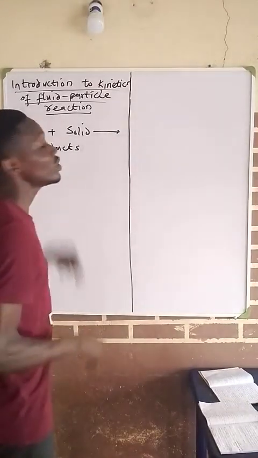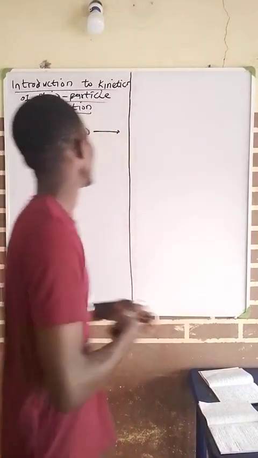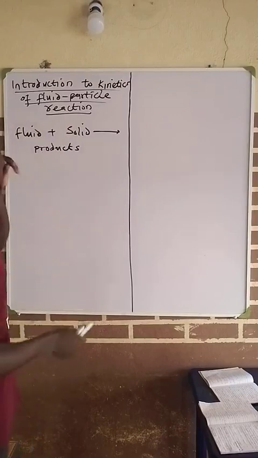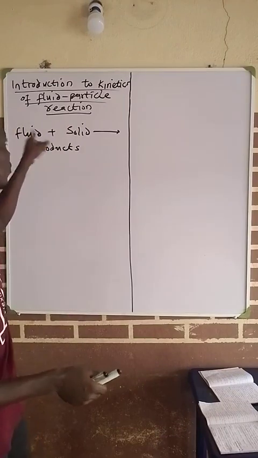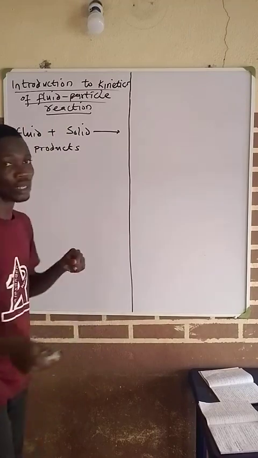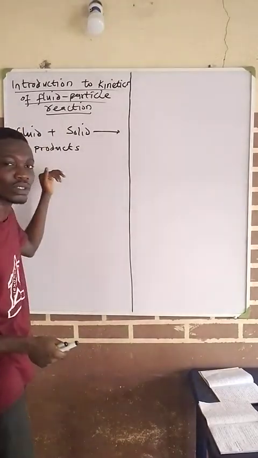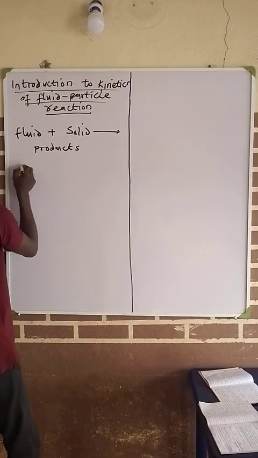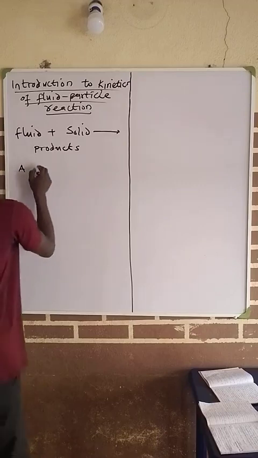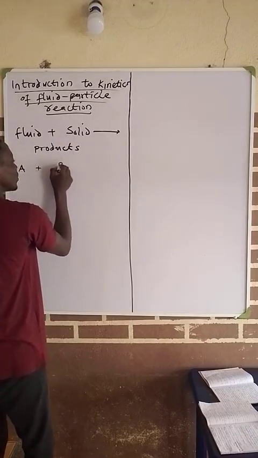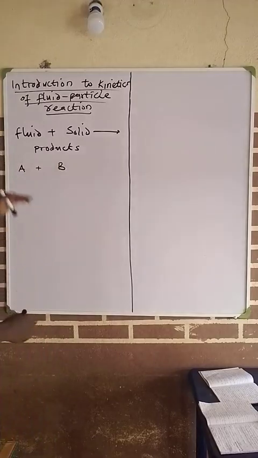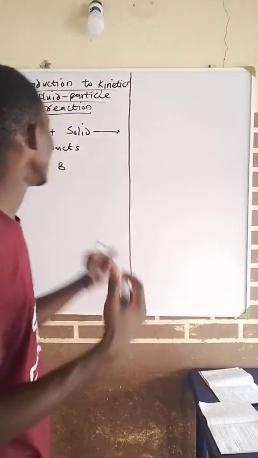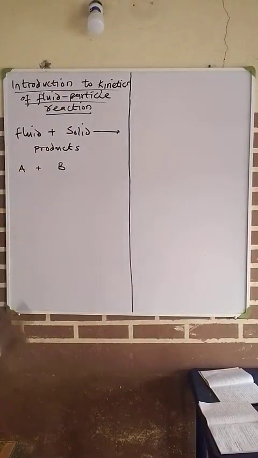Now, we can use some denotations to denote fluid, solid, and products. Mind you, under this kinetics of fluid particle reaction, we are concerned with solid products. The fluid can be denoted by A, plus the solid, which can be denoted with capital B. The A here is assumed to be in enough quantity, so A is not the limiting reactant per se.